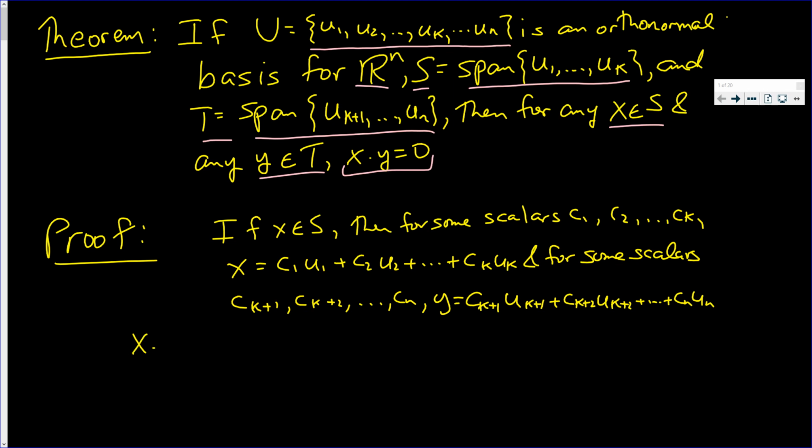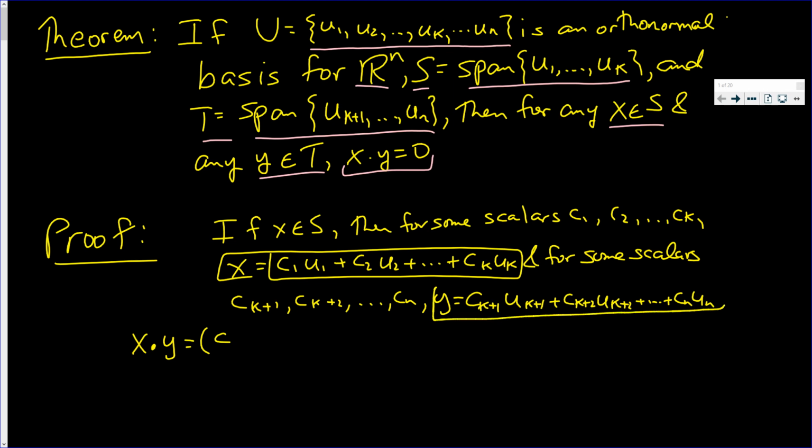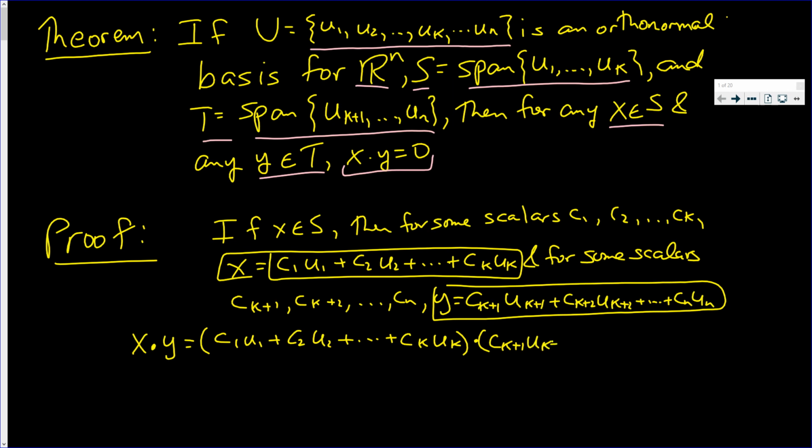So now x dotted with y, well, it's x, which is this, dotted with y. Well, let's write that down. It's C1U1 plus C2U2 all the way down to CkUk, dotted with C sub k plus 1 U sub k plus 1, plus C sub k plus 2 U sub k plus 2, all the way down to C sub n U sub n.